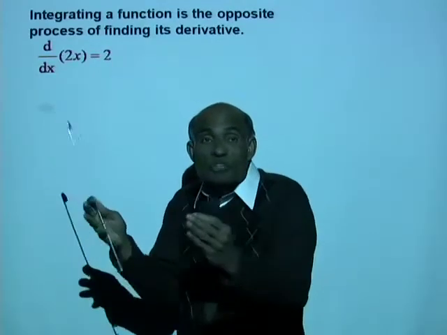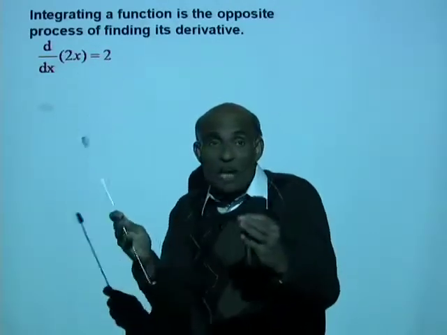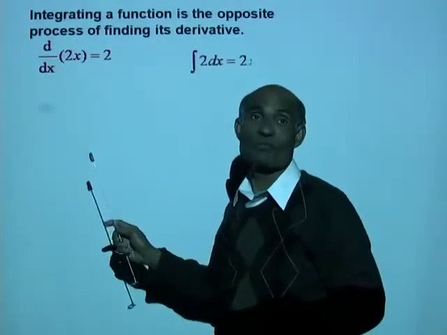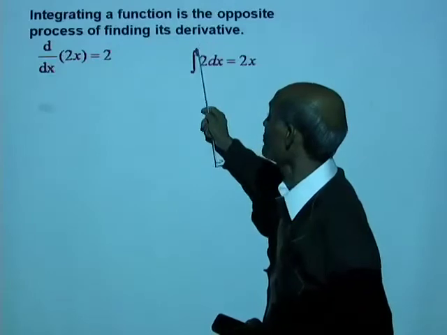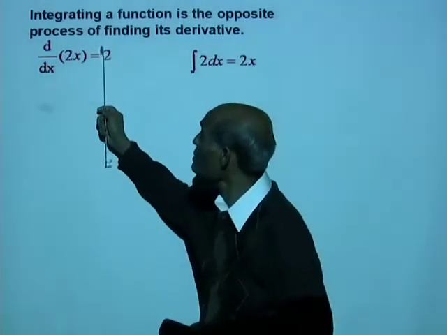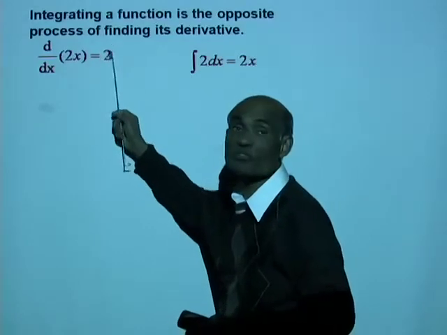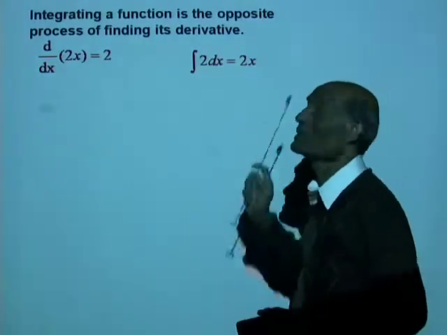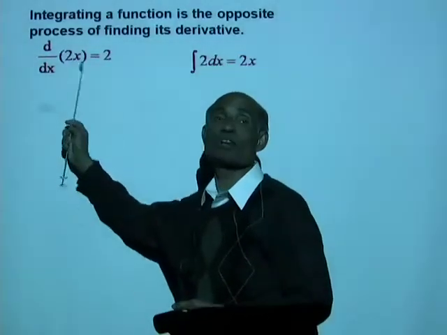If you now integrate this, in other words, sum all those changes with respect to x, you must get 2x. So we say the integral of 2 with respect to x must give you back the original function, 2x.